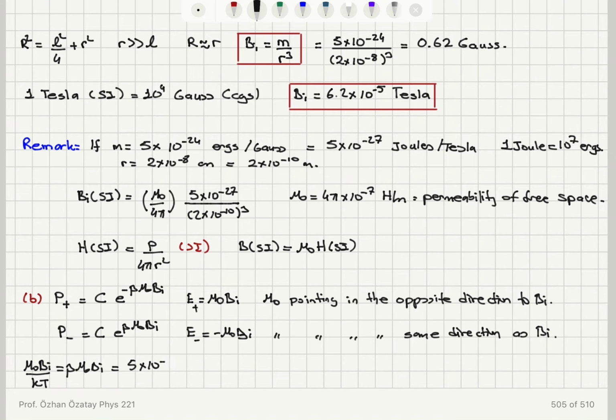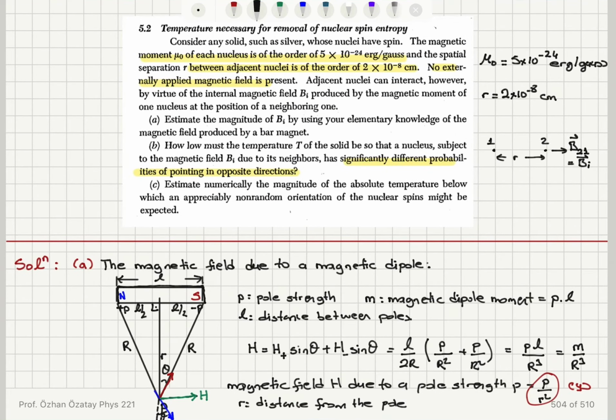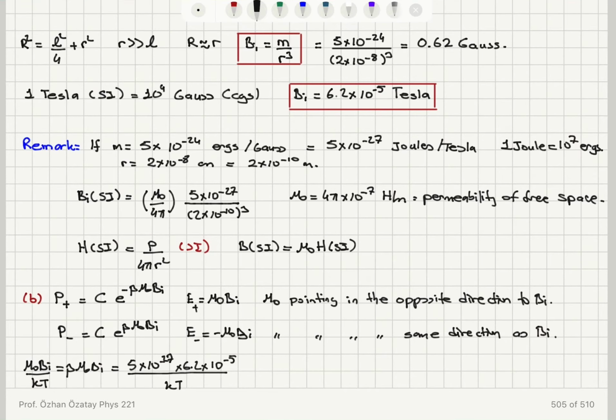It's 10 to minus 27 joules per Tesla, multiplied by the magnetic field 6.2 10 to minus 25 Tesla, divided by kT. This is for basically all typical temperatures you can think of.